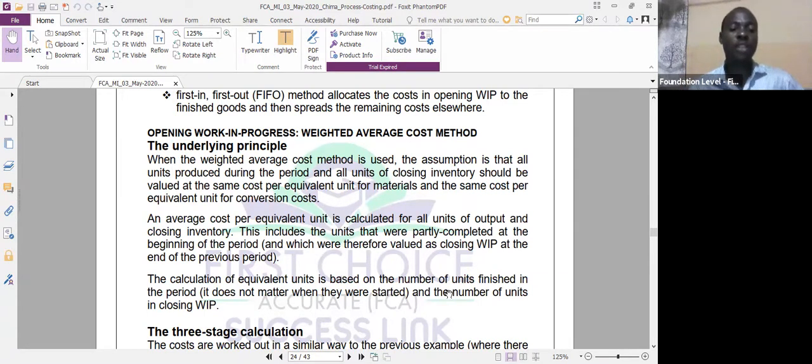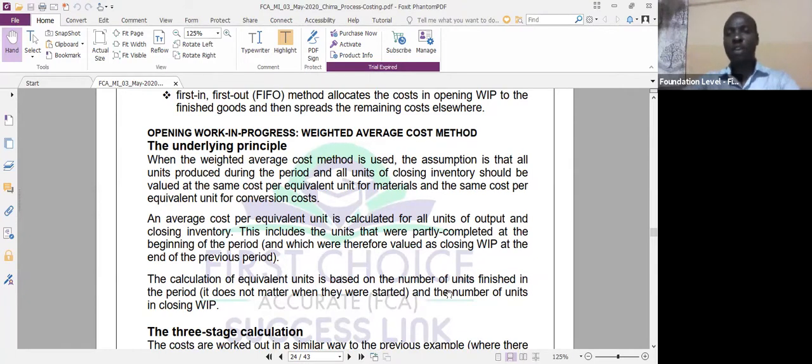All right, the calculation of equivalent units is based on the number of finished units in the period. Now, it does not matter when they were started. So it means that you may have started a product maybe in March last month, and it was not finished.